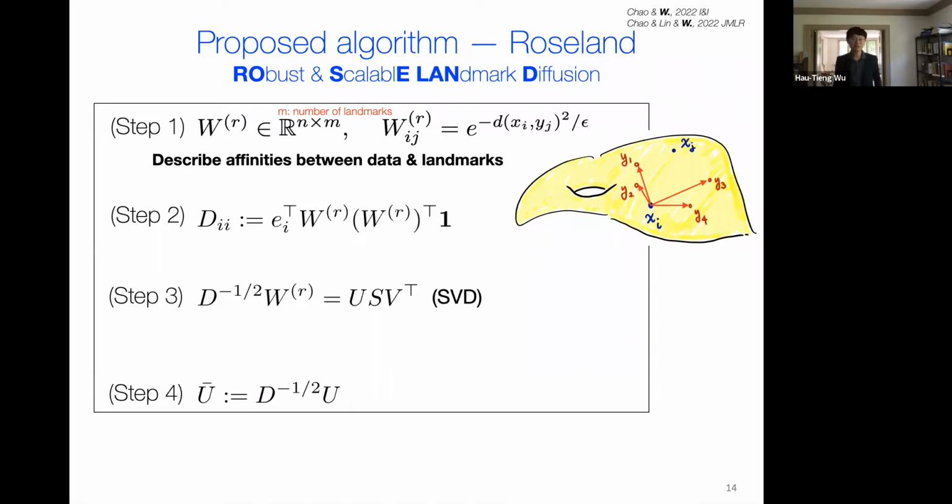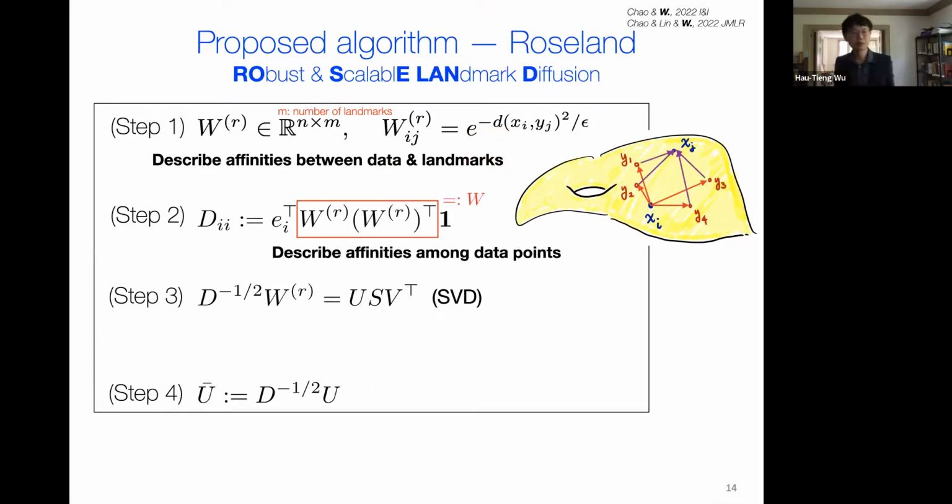So step 1 is you generate a thin and tall matrix called WR, where the entries of the WR matrix describe the affinities between data and landmarks. That is, the ij-th entry describes how you diffuse from xi to yj. Then you consider WR times WR transpose, which is the outer product of WR.